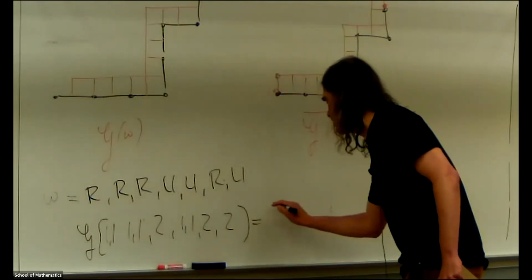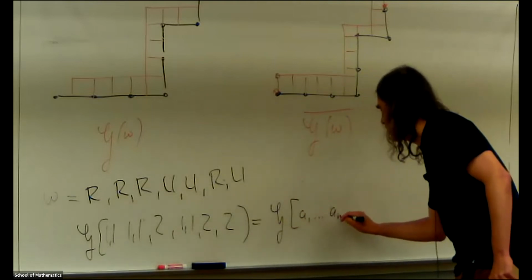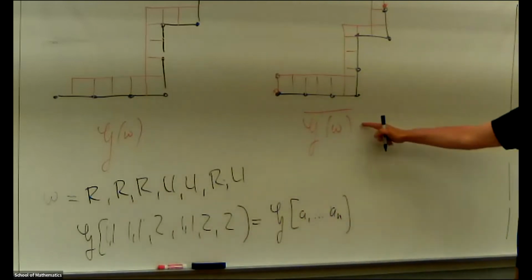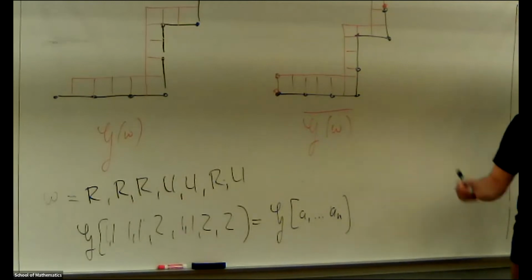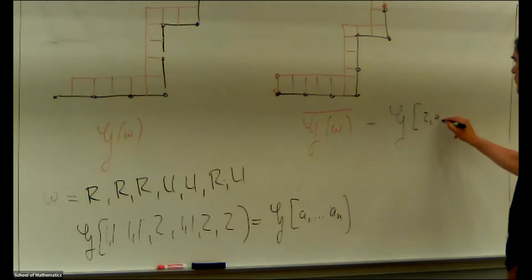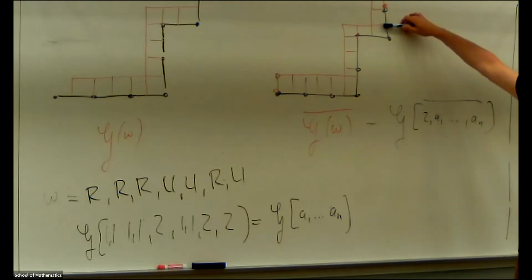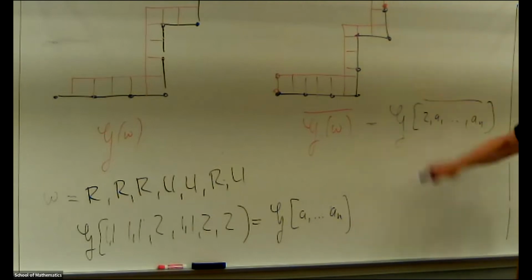And I will write this as usual as A1 to AN. And so to construct this one, you just prepend a 2. Because you were already done up to here, and then here you get a 2, which I just write in the front.